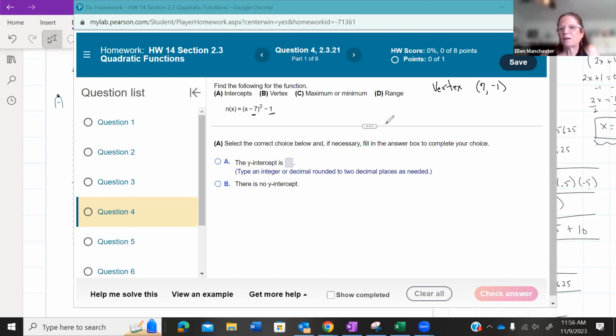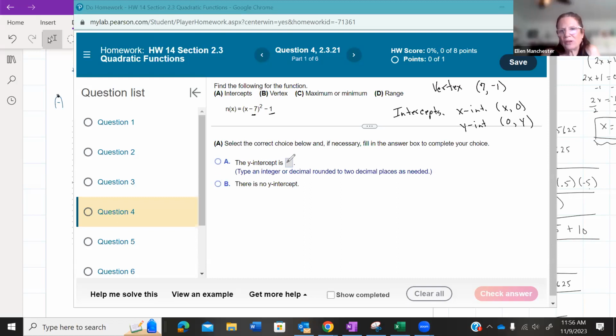Okay. The intercepts, this is where you have to know where the intercepts lie. The X-intercept is at (X, 0), and the Y-intercept is sitting at (0, Y). So what this tells you is if you're looking for the X-intercept, you have to replace the Y with 0. If you're looking for the Y-intercept, you have to replace the X with 0.